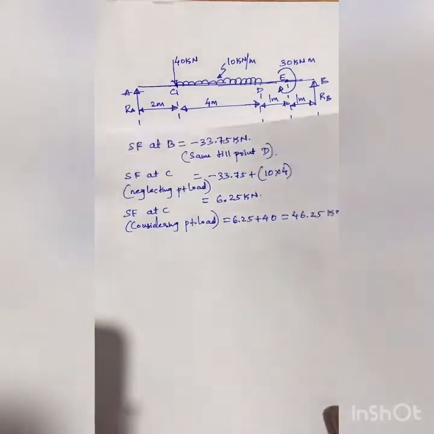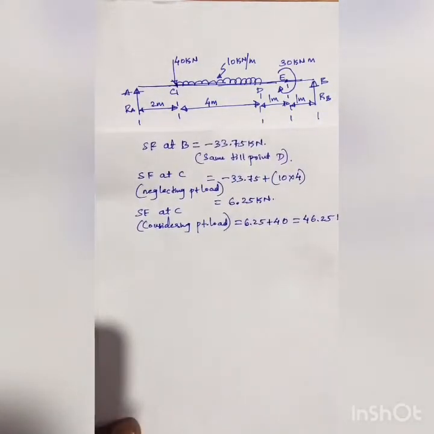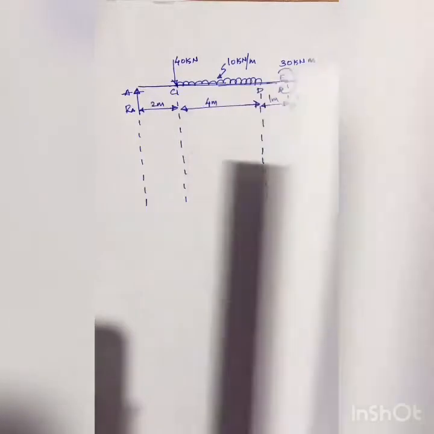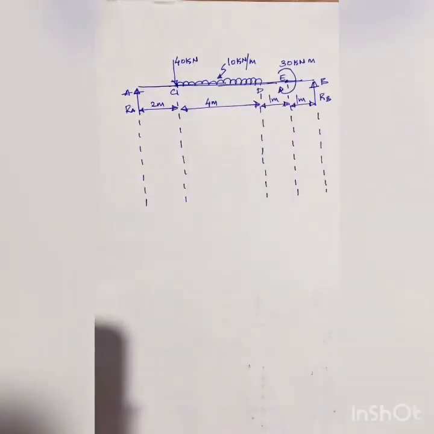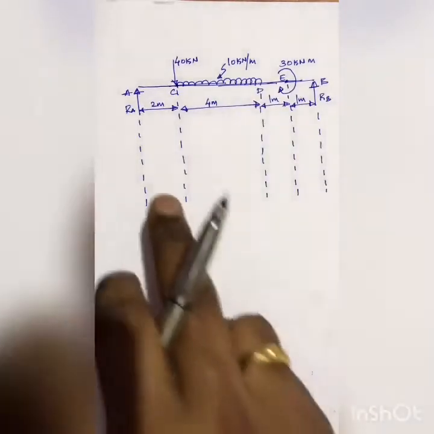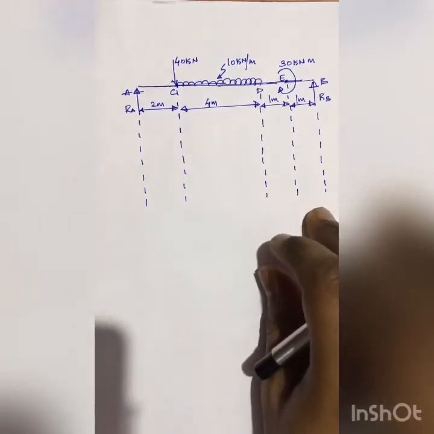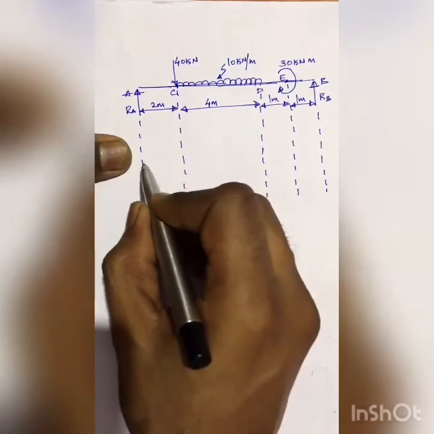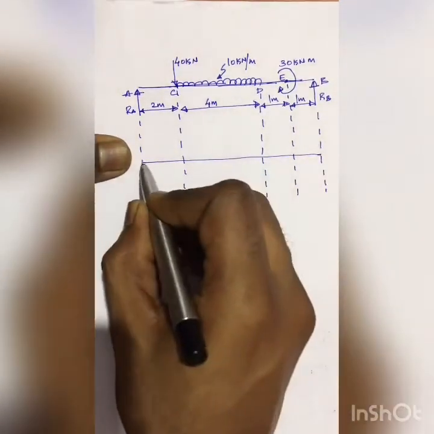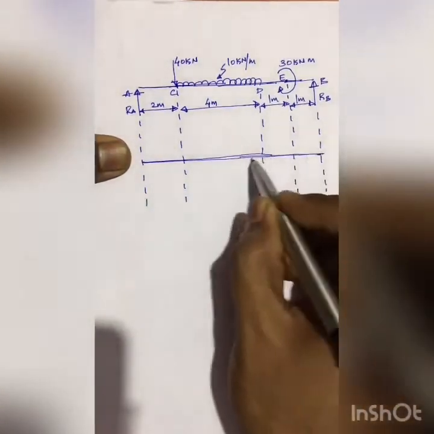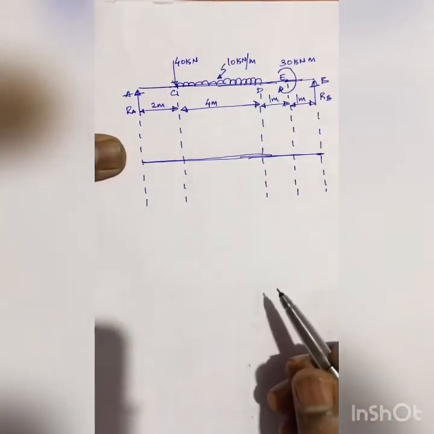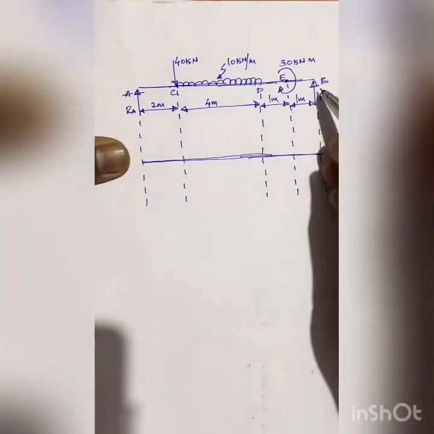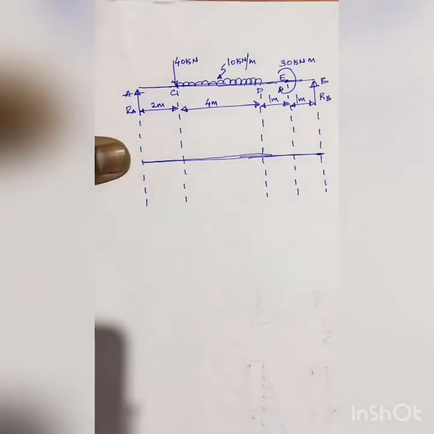So now let's start drawing the SFD for this first. I have projected these lines here so that I can draw the SFD and BMD below that. So first let me draw the datum line, that is the zero line. First I know that shear force at B is minus 33.75.